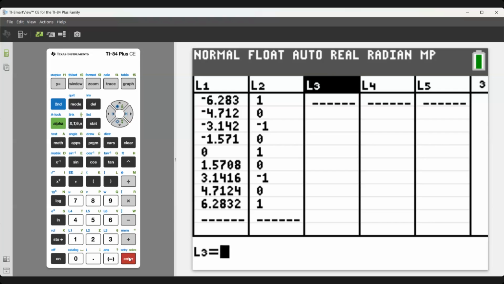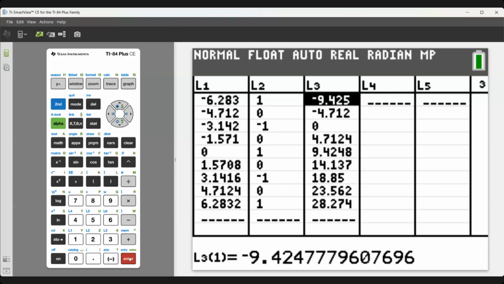We said one of them was to add 3 pi, so we'll take 3 pi. And then we're going to add, and we had a horizontal stretch. Our B number was 1/3. So that means that all of these x coordinates are multiplying by a factor of 3. So we'll take 3 times L1, and enter. And these should be the x coordinates of our image points.